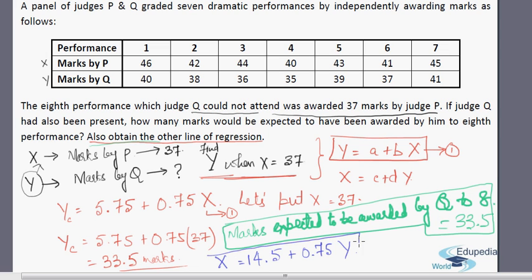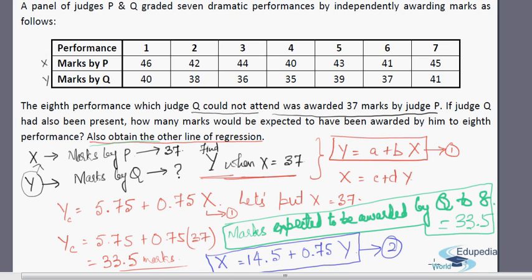Now here, in case there were any marks missing for the performer by judge P, we could have used this regression equation for that. So that's the solution of this first question.